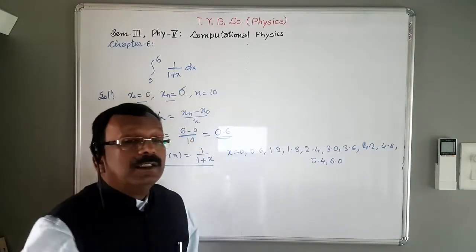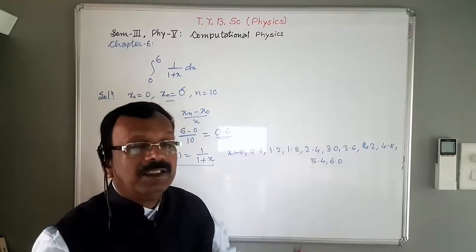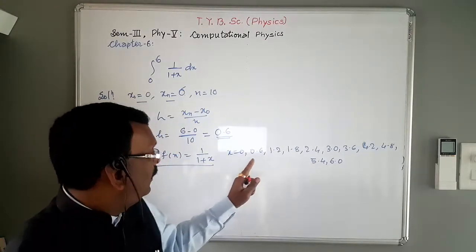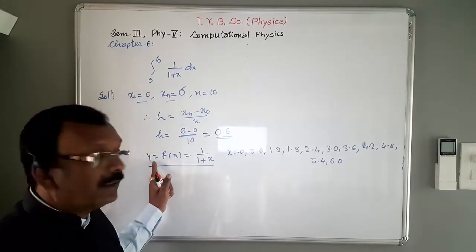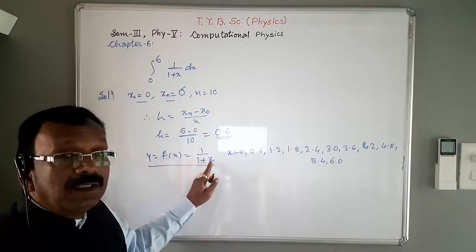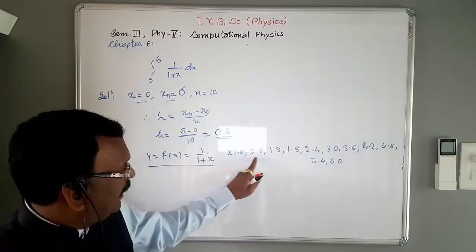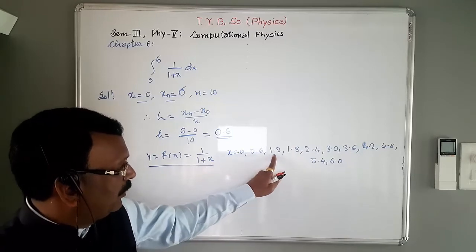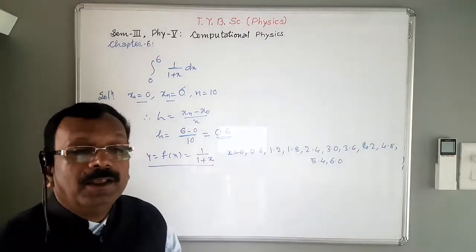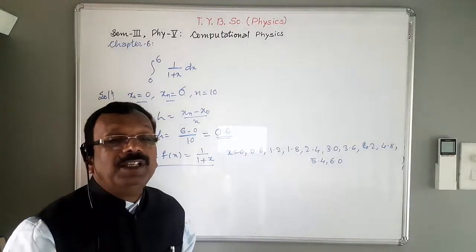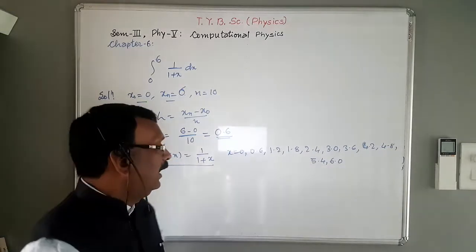These are the 10 subintervals, and we have to calculate the value of y, the given function, for each value of x, and after that we have to tabulate the result in a table.